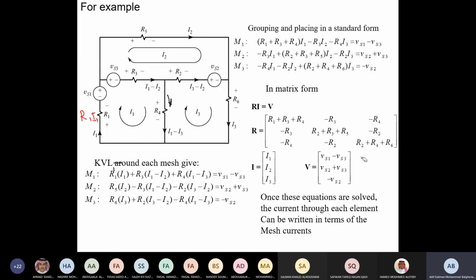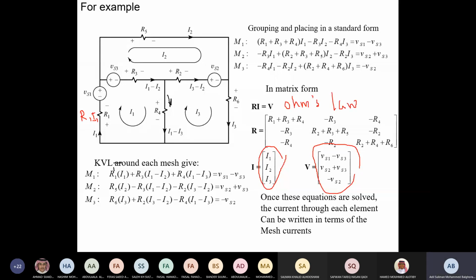We notice that the matrix is a collection of resistors multiplying a vector of unknown currents to give us a vector of a collection of voltages. So basically it's the matrix form of Ohm's law.